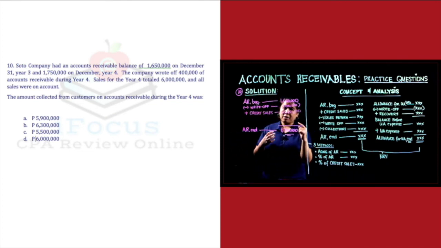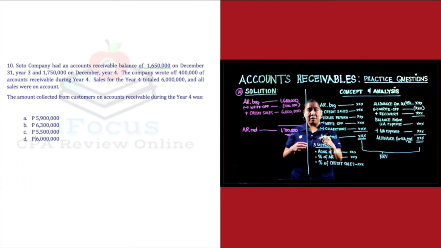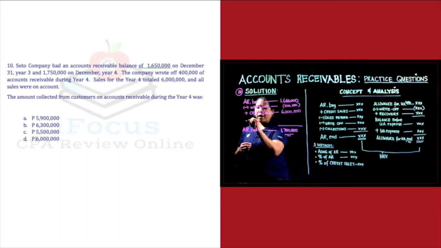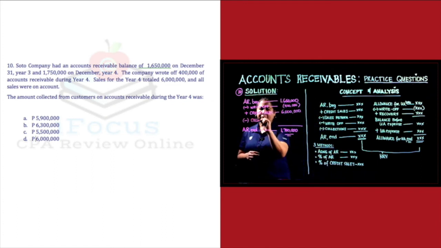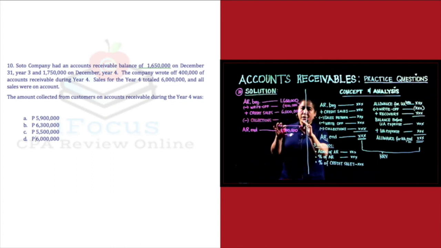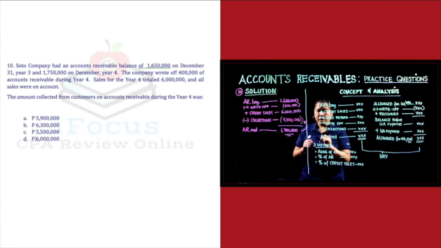So, our credit sales is 6 million. Ang hinahanap ng problem natin ay collections, okay? Ima-minus natin dito po yung collections natin. Ang effect ng collections sa ating accounts receivable ay minus, alright? At yan po ang hinahanap ng problem. So, ipa-plug in mo lang yung missing amount or our collection is 5,500,000. So, our answer is letter C.